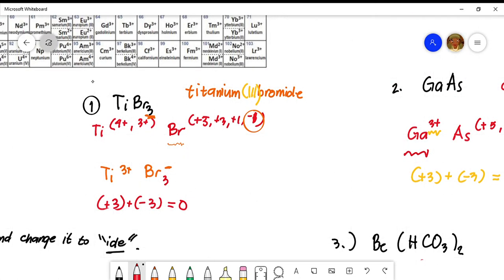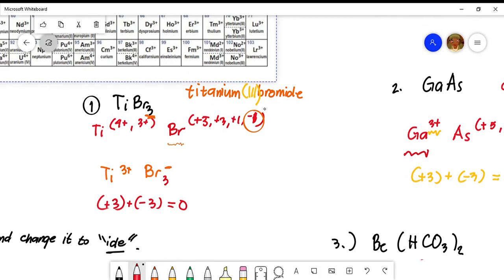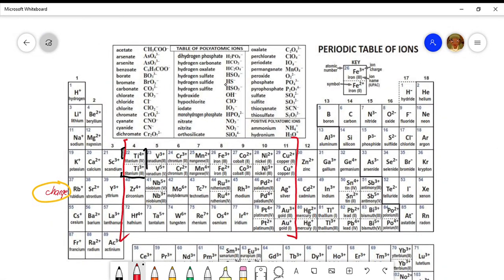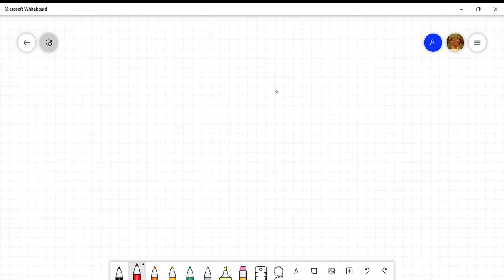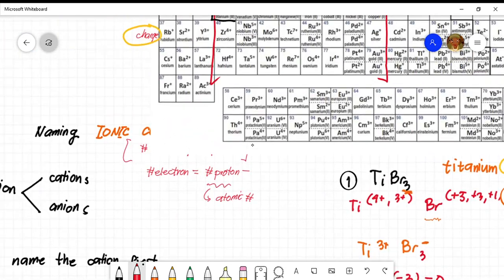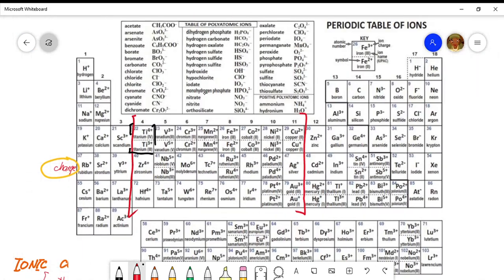Let's check. In the polyatomic ions here, we're looking for HCO3. HCO3 is hydrogen carbonate. That's correct. It's hydrogen carbonate, and it has a minus charge.